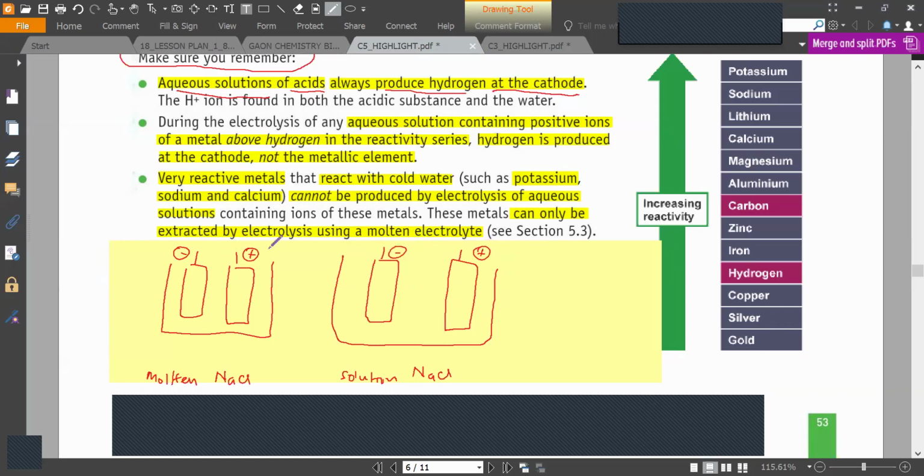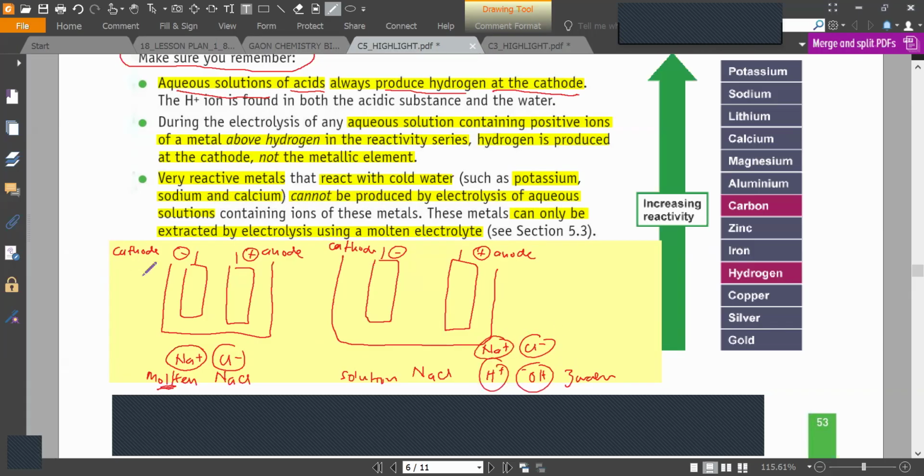This is the anode, this is the cathode, and again this is the anode, this is the cathode. For the molten situation, we only have sodium plus and chloride negative, so only two ions. In the solution situation, we will have sodium, chloride, and then hydrogen ions and hydroxide ions coming from the water. So we have four ions here.